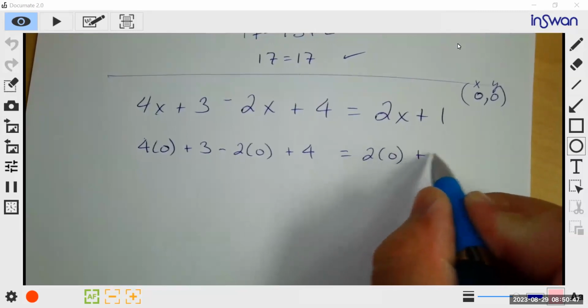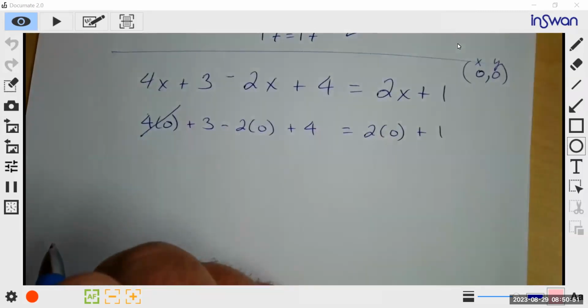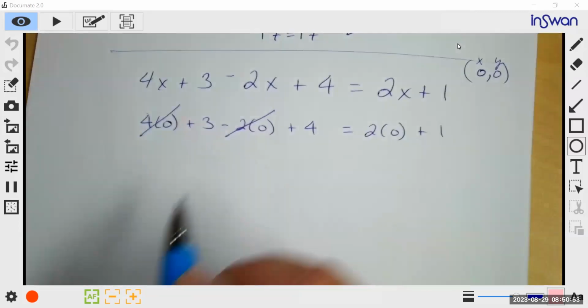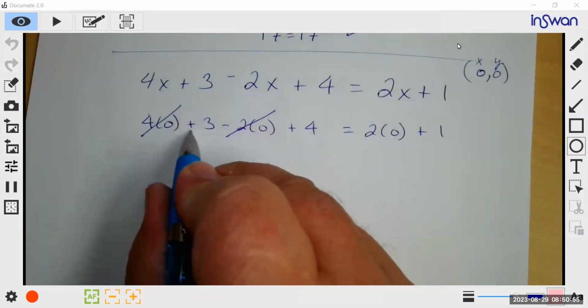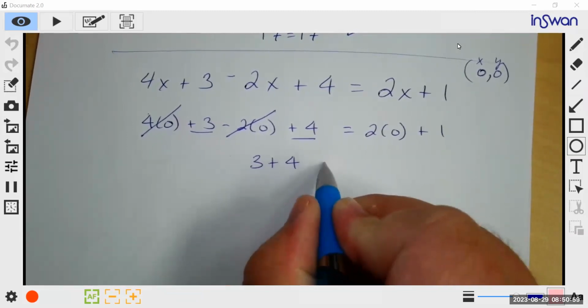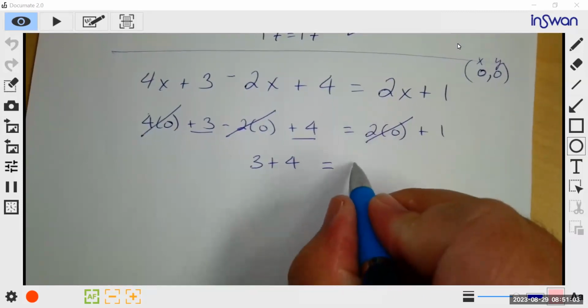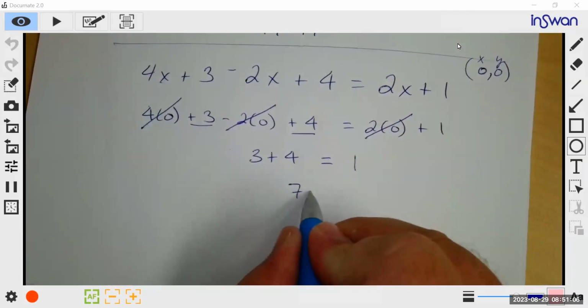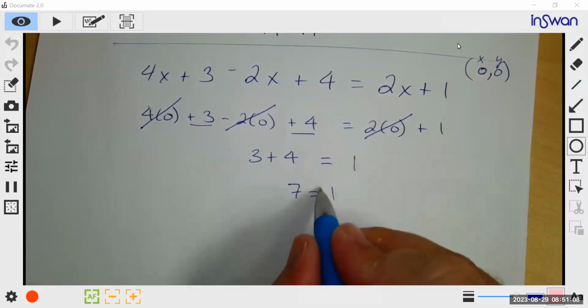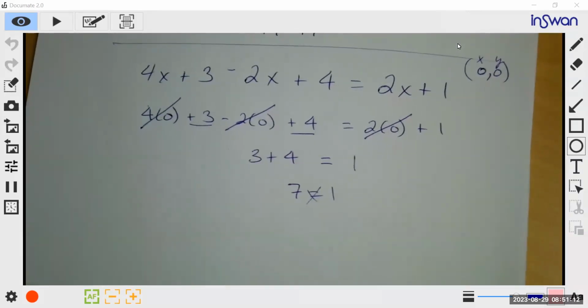Anywhere we see an x, put a 0. 4 times 0 is 0. Negative 2 times 0 is 0. So we have 3 plus 4 on that side. 2 times 0 is 0, so we just have 1. So does 7 equal 1? So 0, 0 is not a solution.